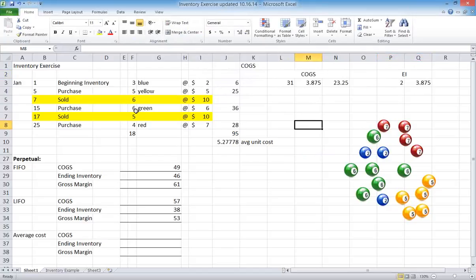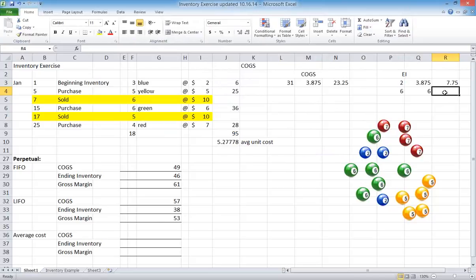And then we bought 6 more green ones at $6. So we bought 6 at 6. And then we turned around and sold 5. So we have to calculate a new average cost between these two. So we have 2 at $3.87.